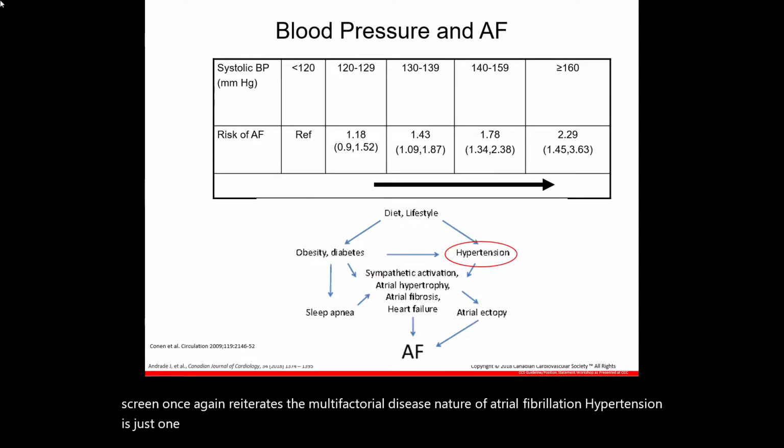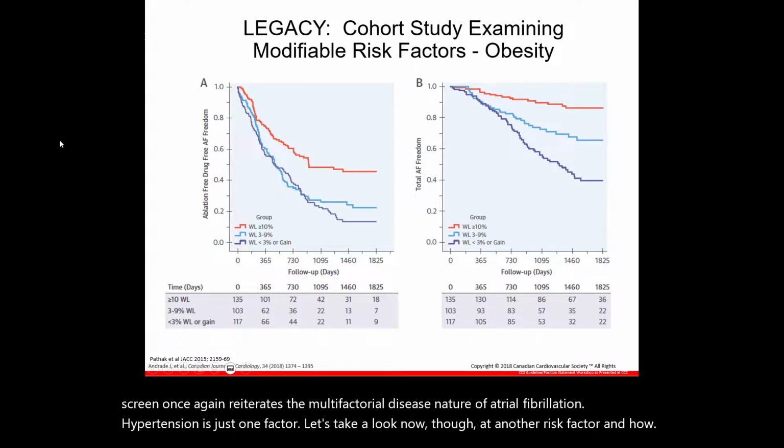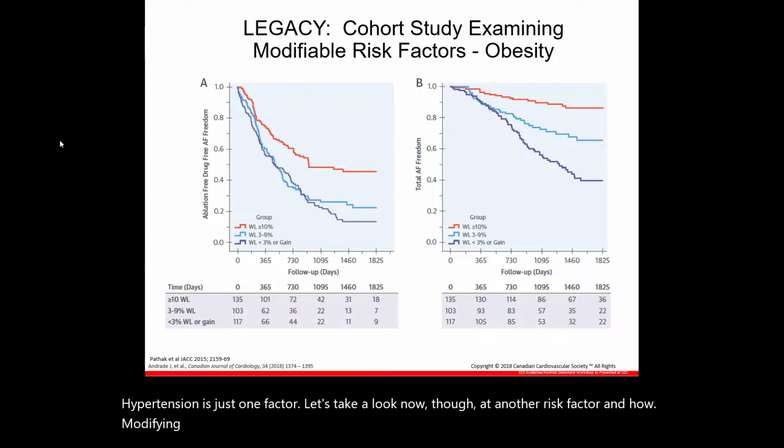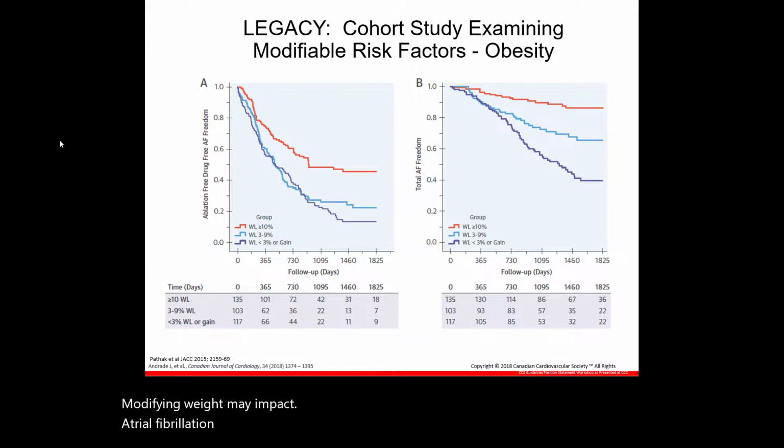Let's take a look now, though, at another risk factor and how modifying weight may impact atrial fibrillation risk over time. What you can see from the LEGACY cohort study is that with incremental weight loss, individuals are less likely to have atrial fibrillation.